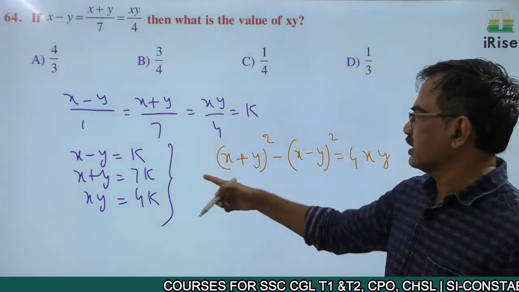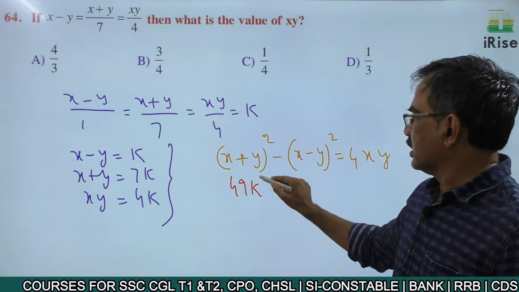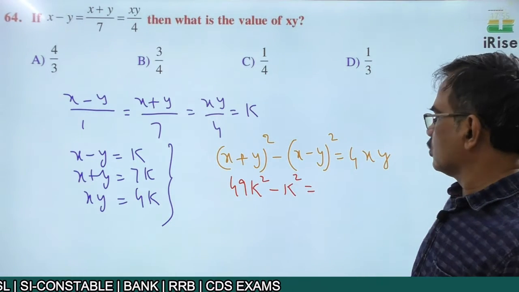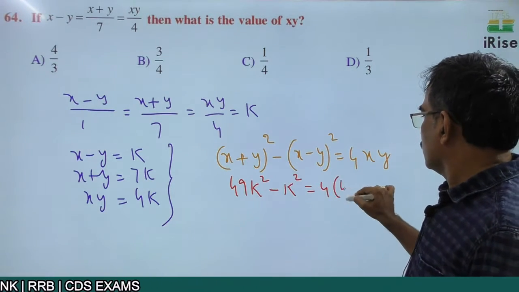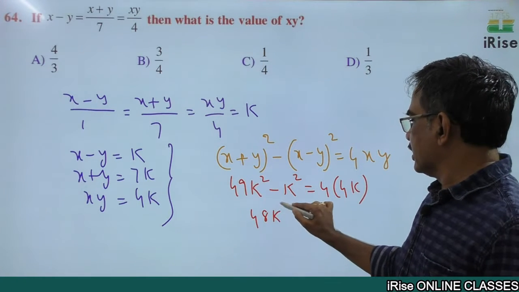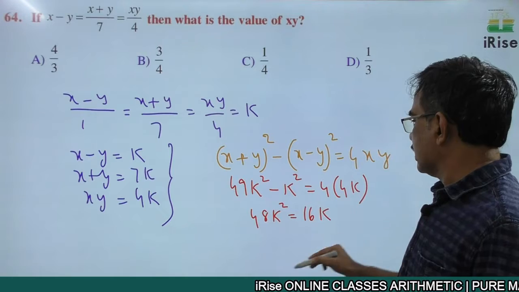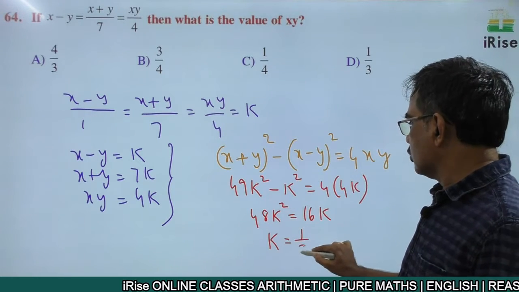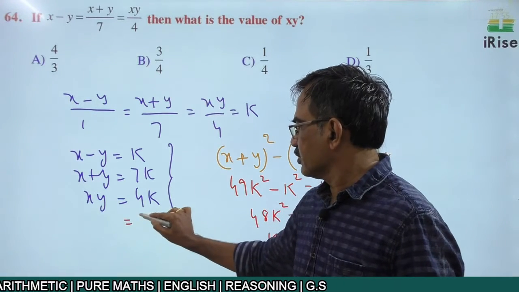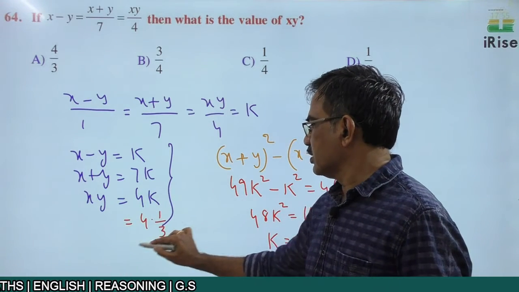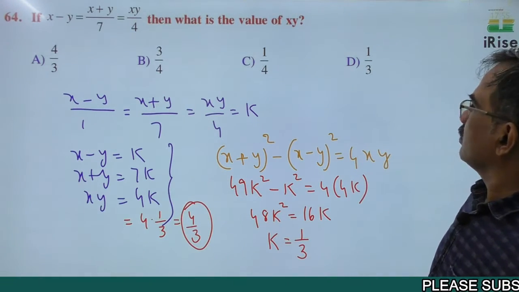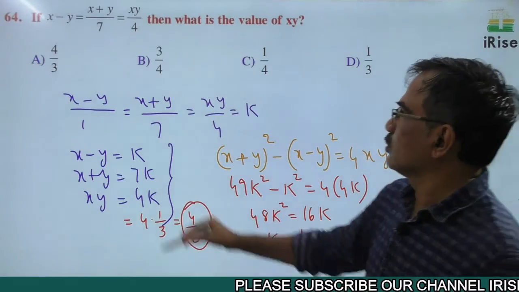Here x plus y is 7k, so 49k square, x minus y is k, k square, is equal to 4 into 4k. 48k square is equal to 16k, so therefore k is equal to 1 by 3. Put k is equal to 1 by 3 here, 4 into 1 by 3. Answer is 4 by 3. So the xy value is 4 by 3.